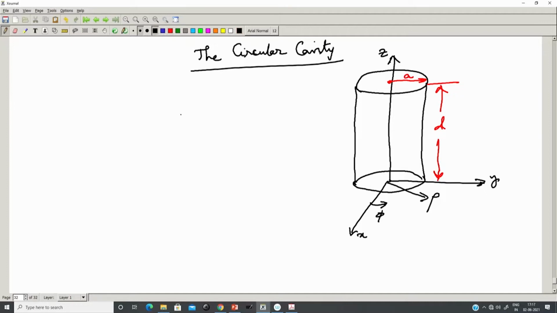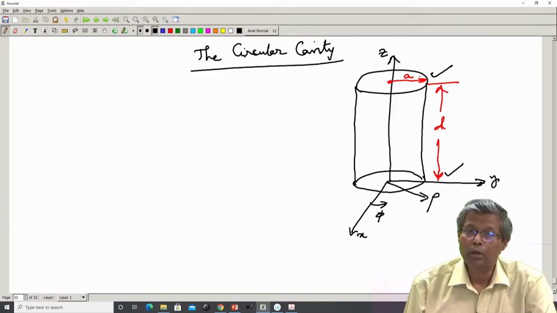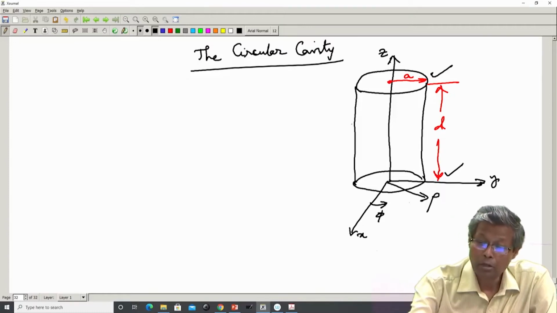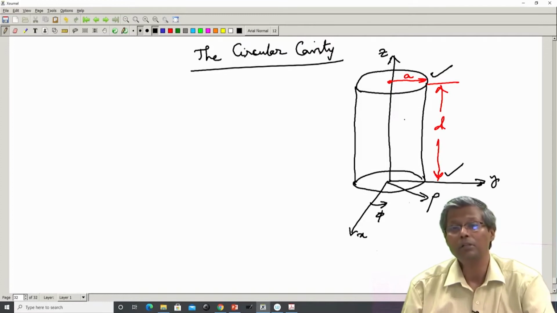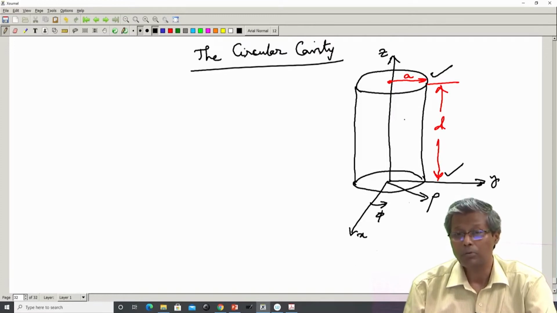So, as we said, it is a section of the circular waveguide closed by conductors at z equal to 0 and z equal to d. Therefore, it must satisfy the boundary conditions at z equal to 0 and z equal to d, in addition to the boundary conditions for the circular waveguide, namely the vanishing of the tangential fields at rho equal to a.